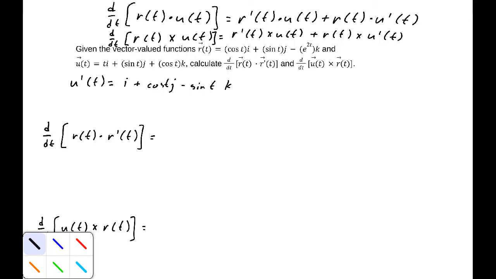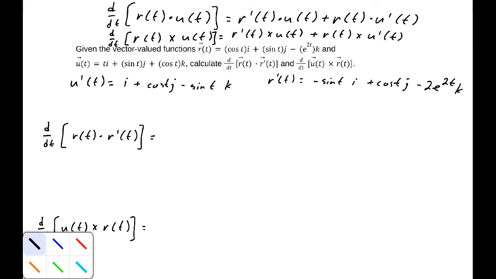The first derivative of r of t, r prime of t, would be equal to minus sine t i plus cosine t j minus 2e to the 2t k.